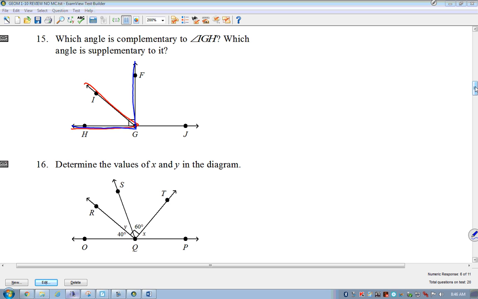So let's say that this was 27 degrees here. Is 90 plus 27 going to equal 90? No. So let's try again. We have IGH. IGH plus, all this is the angle addition postulate, IGF. IGF is complementary.